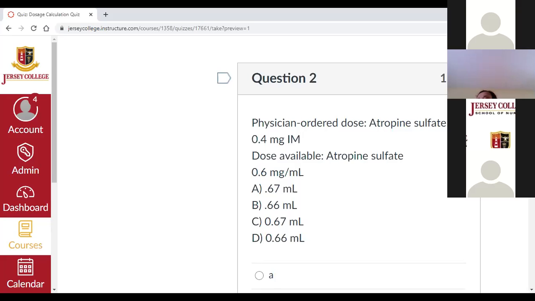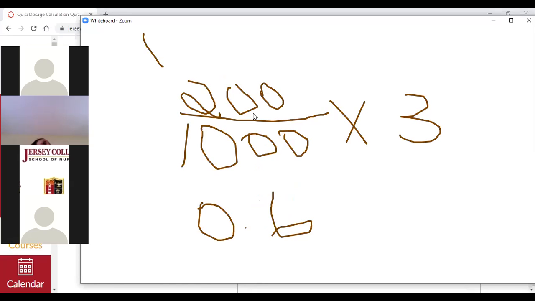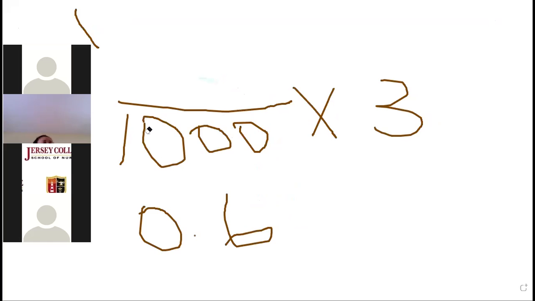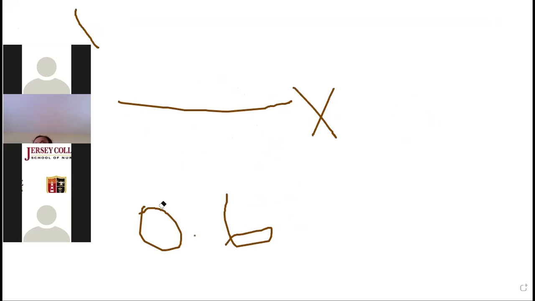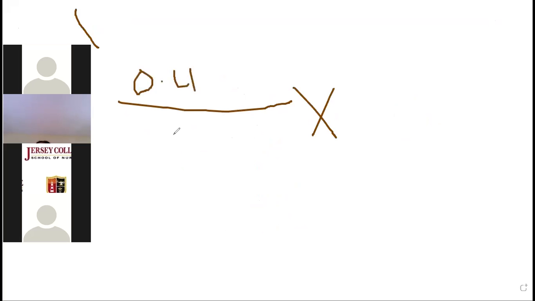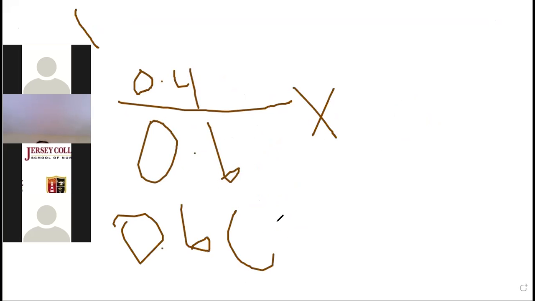Okay. So let me do the share. This is what you're going to have. 0.4 divided by 0.6, and that gives us 0.66666.